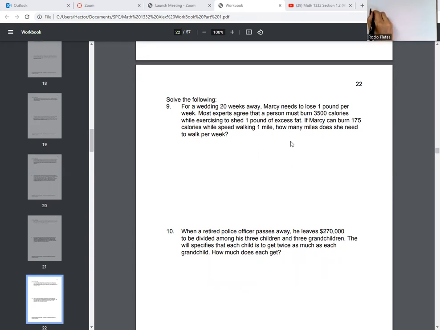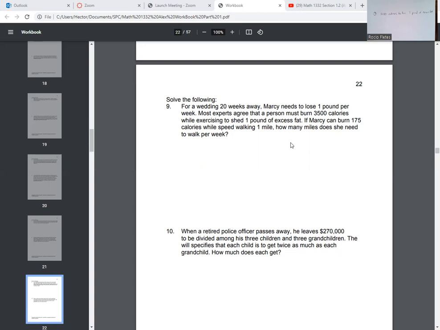So let me write this down. 3,500 calories to lose 1 pound of excess fat, right? So we know that. Let me just write this down.